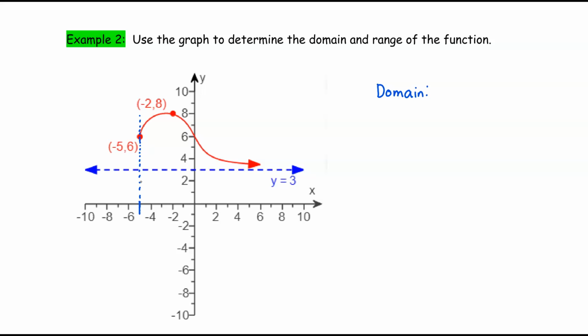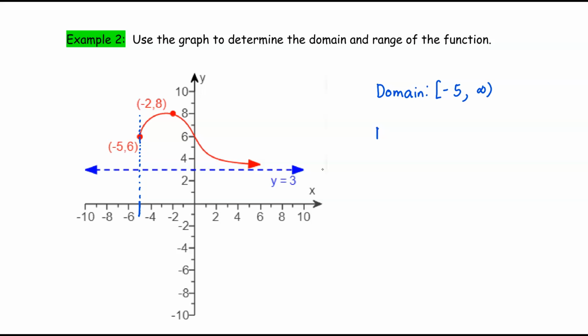Okay, and then it would intersect the x-axis. So we know it starts at -5, and that is included because this is not open, that is shaded. So it is from -5 up to, then it goes, and there's an arrow here. That means it goes up to infinity. So the domain is -5 to +infinity.